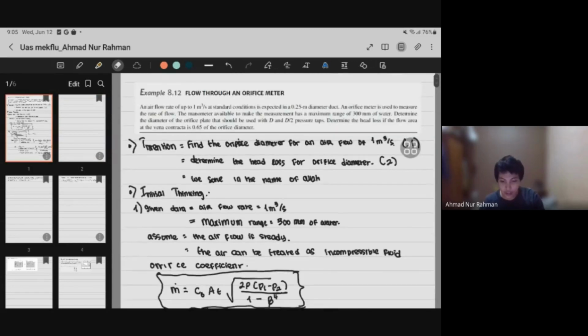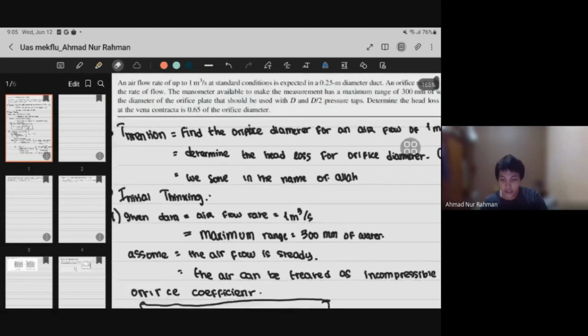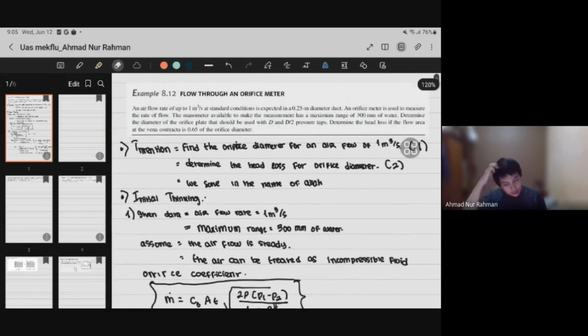From the questions, I'm from mechanical engineering. From the exam, we found a problem about flow through an orifice meter, an airflow rate of up to 1 m³/s at standard condition.